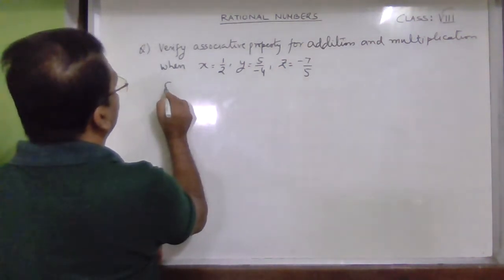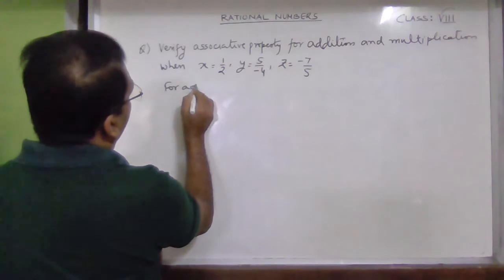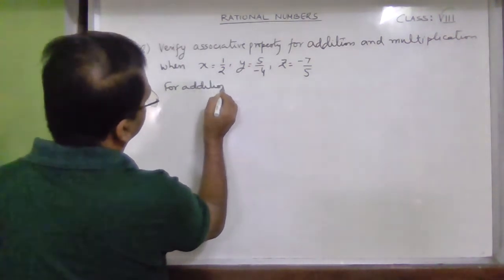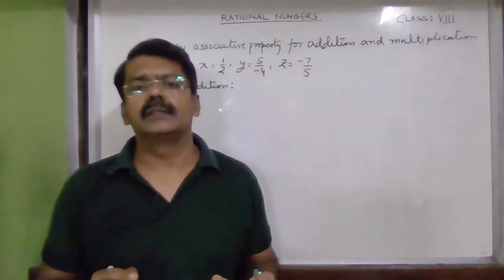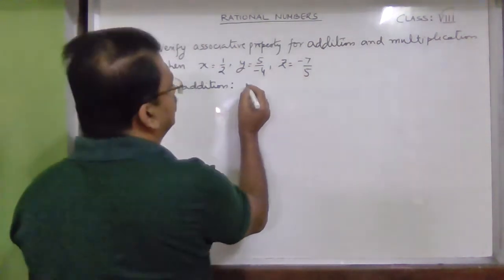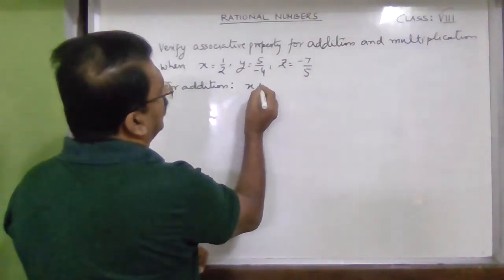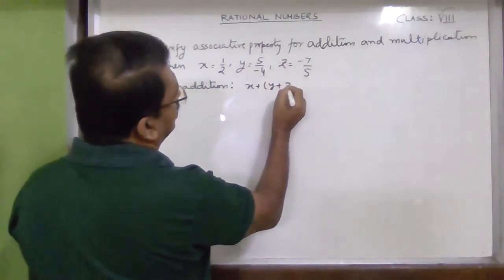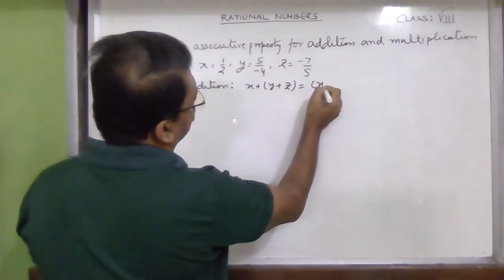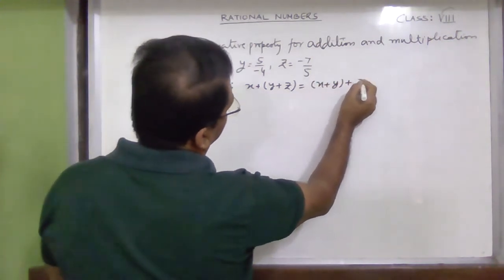So for addition, you know the associative property for addition is (x plus y) plus z should be equal to x plus (y plus z).